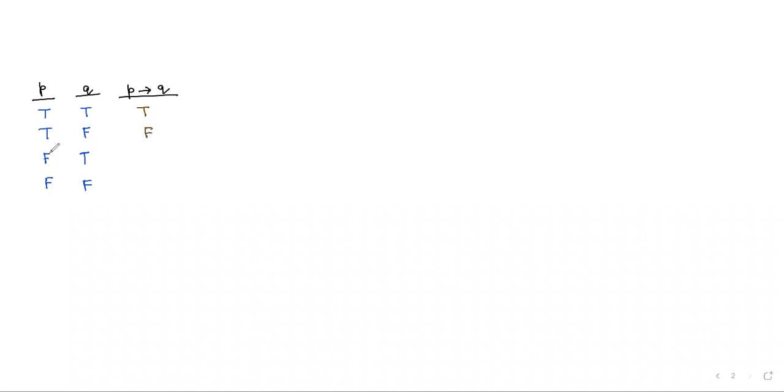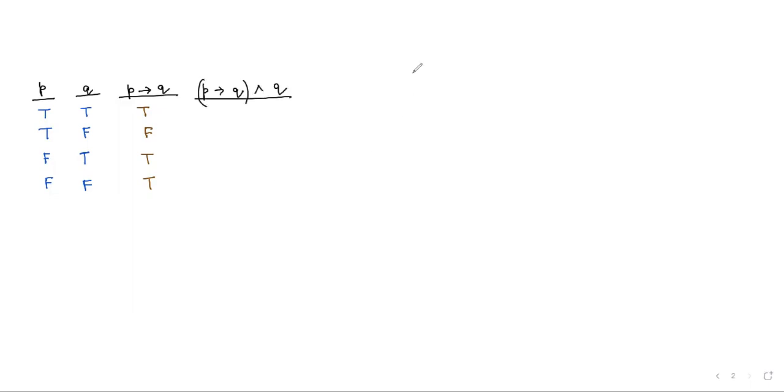If the hypothesis is false and the conclusion is true, this is true. If both of them are false, this is true. So this is the truth table of the implication P implies Q. Next, we want to have the truth table of P implies Q and Q. Let's see what is coming.